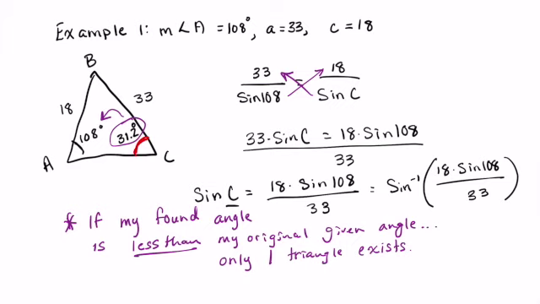And that's it. If the new angle that I found is less than my original given angle, only one triangle exists, and I'm done.